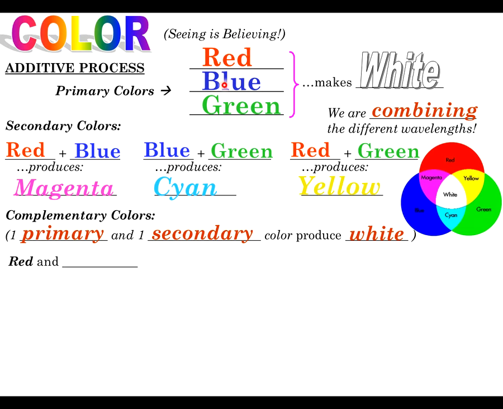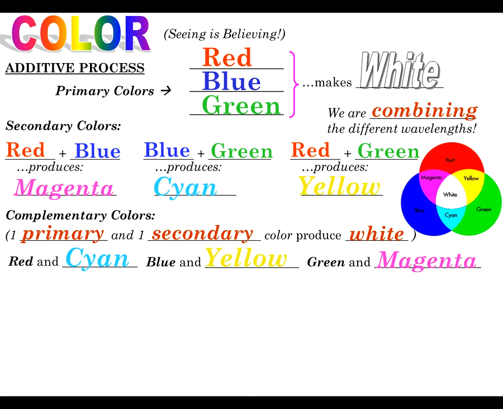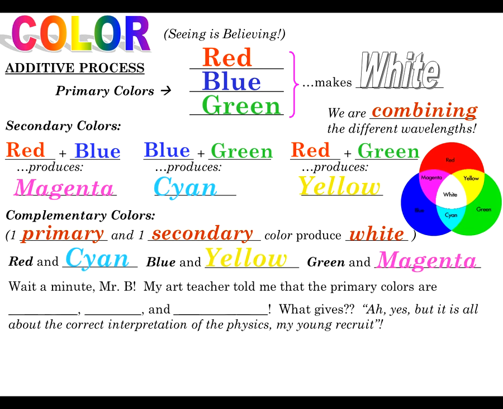The other two, blue and green, make a secondary. Blue and green make the secondary cyan. So if you take red and add cyan to it, it's kind of like you're adding all three colors together and you get white. With that same logic, blue and, well, red and green, so add yellow to it. And finally, green and red and blue make magenta, so add magenta to it, and you will have white.